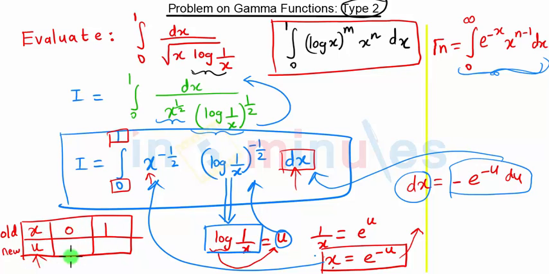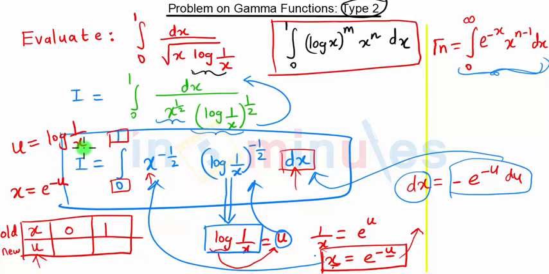To find the new variable, we will consider the relationship between the old variable and the new variable, which is x equal to e raised to minus u. So we need to find the value of u. We write the equation in terms of u, which is log of 1 by x.